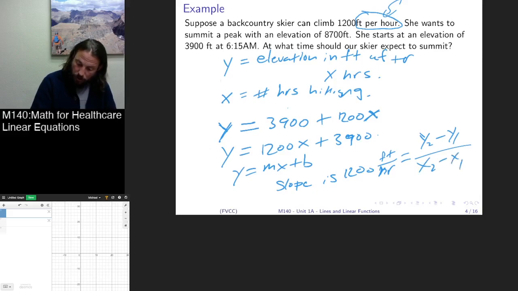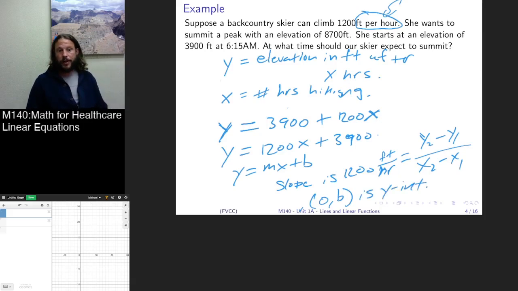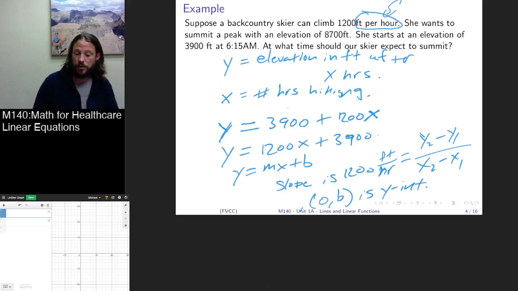And notice the units are exactly the y units over the x units. Now, we have that all set up. That's our slope, and b is the y-intercept. Whenever x is 0, whatever that number is, that's b. In this case, 3,900 is our y-intercept.